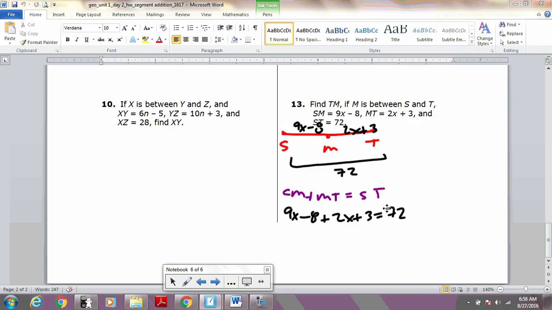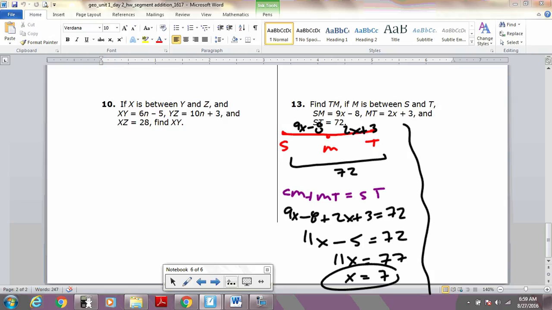So let's solve for x. We have 9x and 2x together make 11x. We have minus 8 plus 3, which together makes a minus 5. Bring down your 72. Now add 5 to both sides. You would have 11x is equal to 77. Divide both sides by 11, and x is equal to 7.